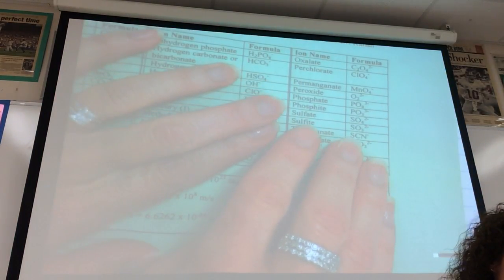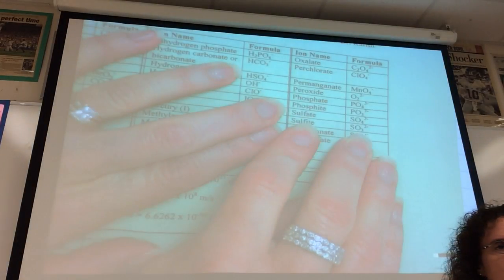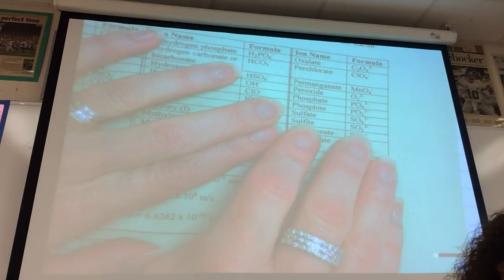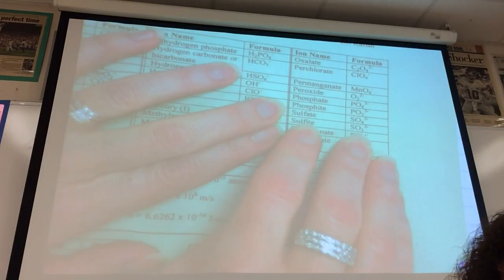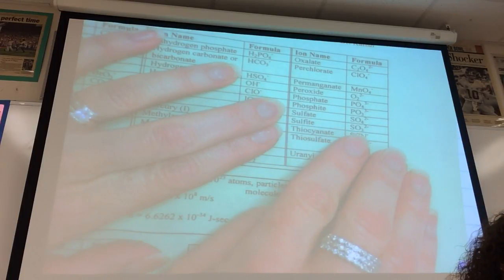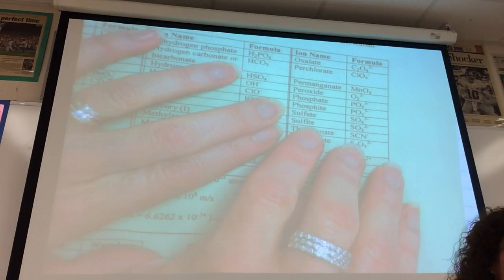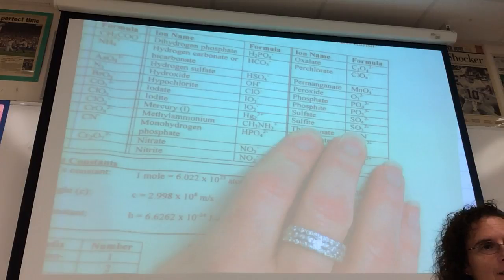When you look at sulfite and sulfate, do they have the same charge? Yes, they do. Their charge is both 2 minus. They both have S, they both have O. What's different about sulfite and sulfate?